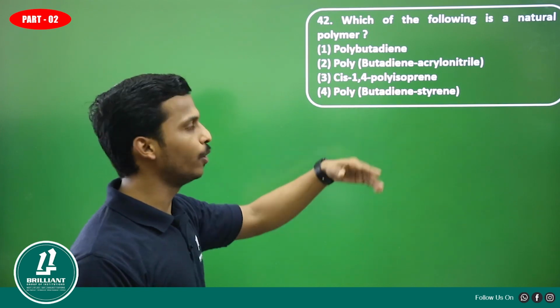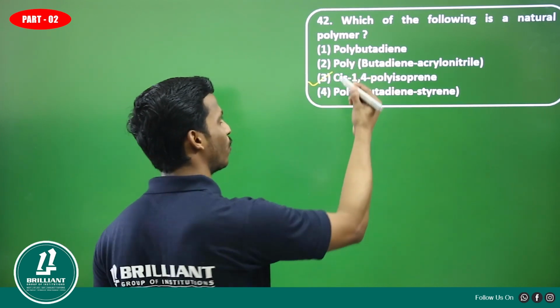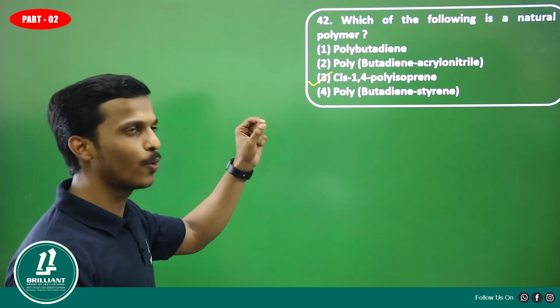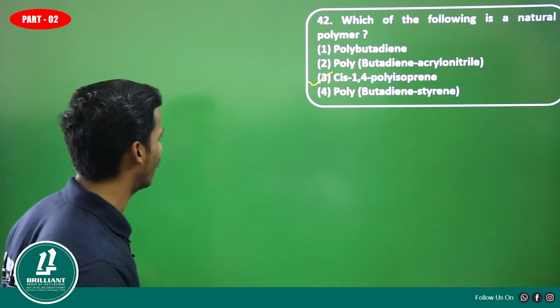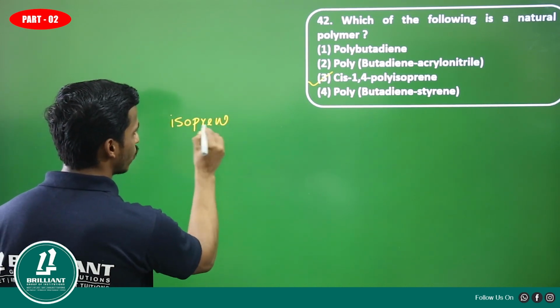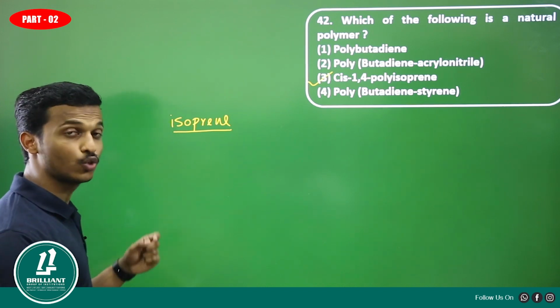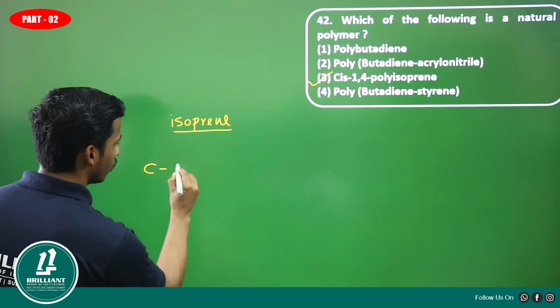Cis-1,4-polyisoprene, polybutadiene styrene. Which is the natural polymer? Option third one, cis-1,4-polyisoprene. Yes or no? What is meant by isoprene, student? 2-methyl-1,3-butadiene.